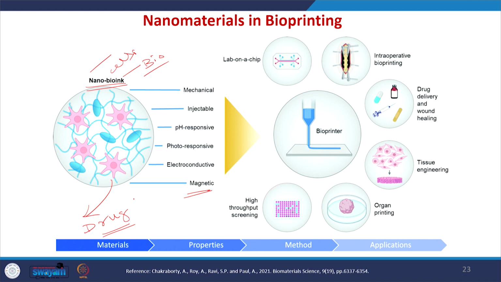We can also add photoresponsive materials, so with the help of light, we can control the release of drugs or growth factors. We can also have pH-responsive materials, as well as nanofibers and nanosilicates, which can improve the mechanical strength of the bioink.